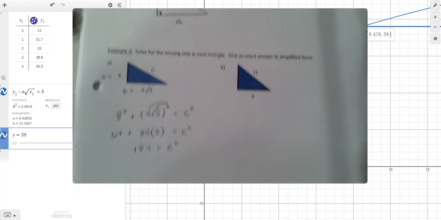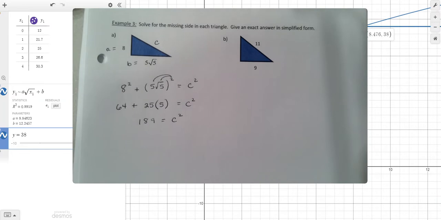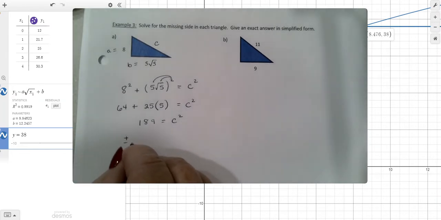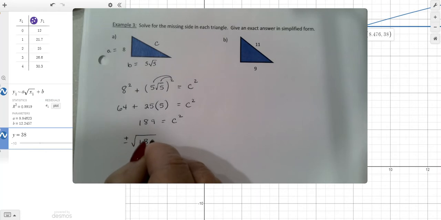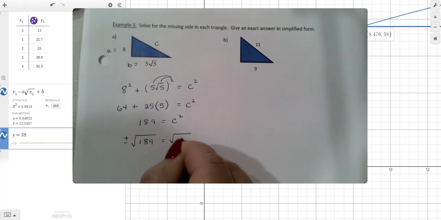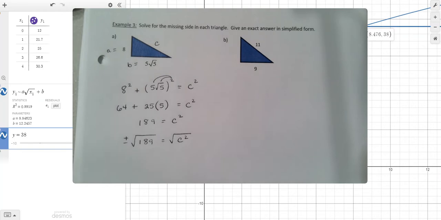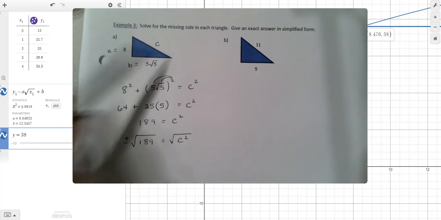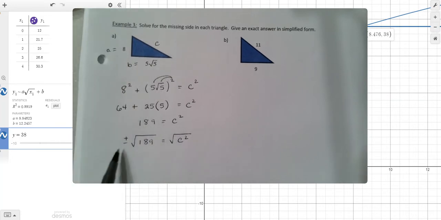And then to solve for C, I just need to take the square root of both sides. Just as a reminder, typically when we take square roots as part of our equation solving process, we have to take into account both the positive and negative square roots. Here, since C is the length of the side of a triangle, it doesn't make sense to take the negative square root.